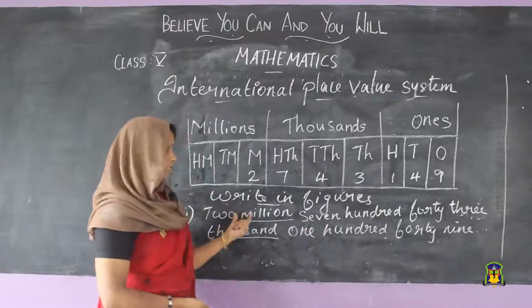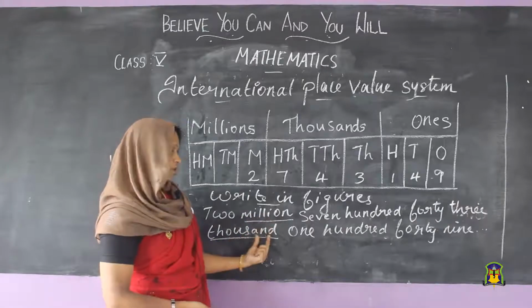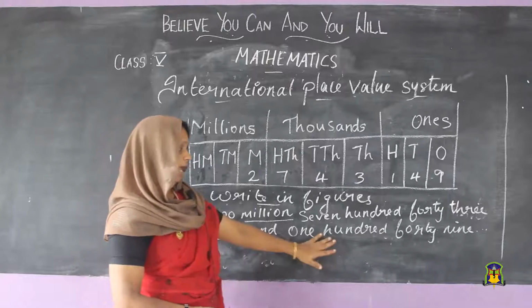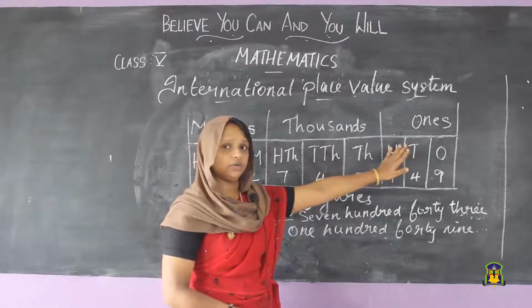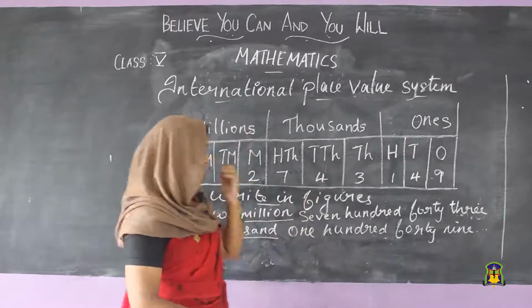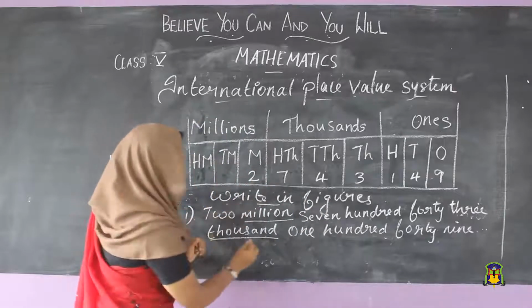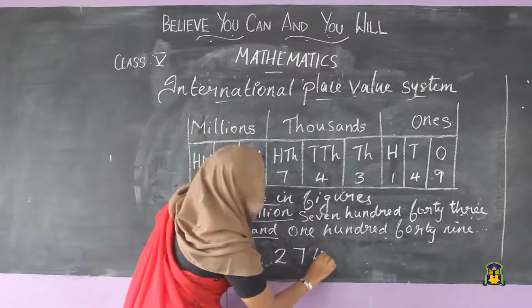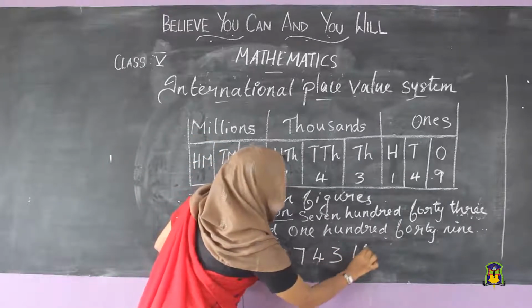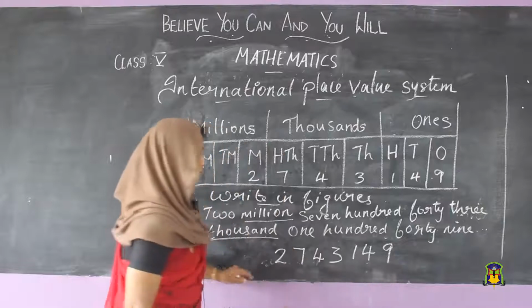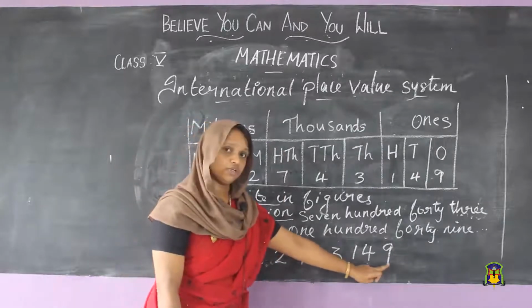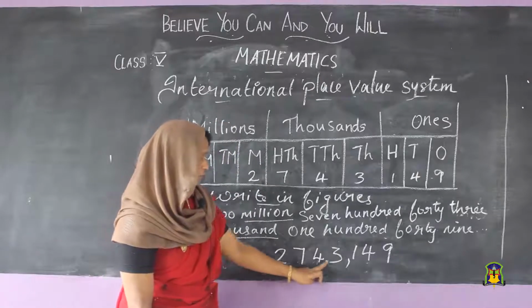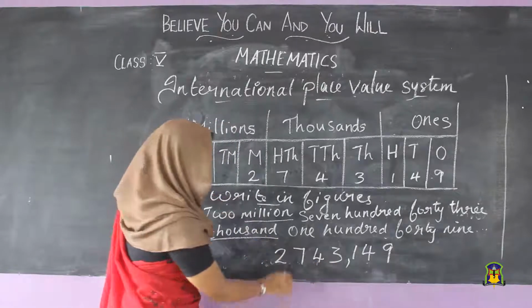So first step, you note what periods are there: million period, then 1000 period, and this 149 comes under the ones period. So we get the answer as 2, 7, 4, 3, 1, 4, 9. 149 comes under the ones period, then this 743 comes under the 1000 period.